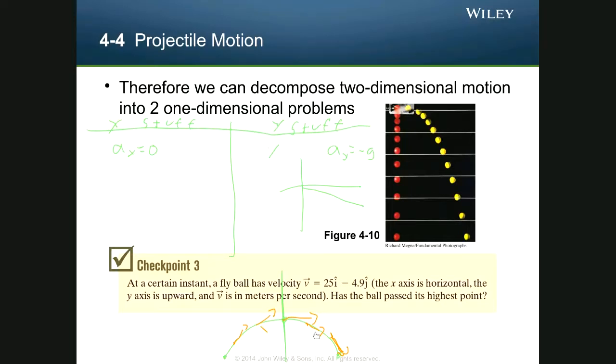Right. It's negative. But we have to be careful between talking about the x values, the velocity values, and the acceleration values. Because even though the x value is increasing, the x value increases throughout the whole problem, right? But the y value will increase, and then it will decrease. Remember, what's important here is that the two notions for the x and y components are independent of each other, right?